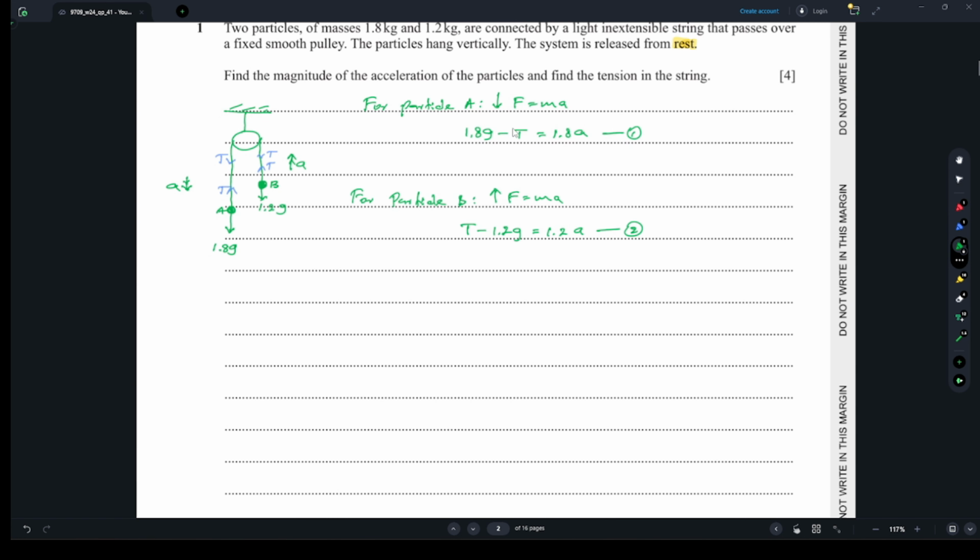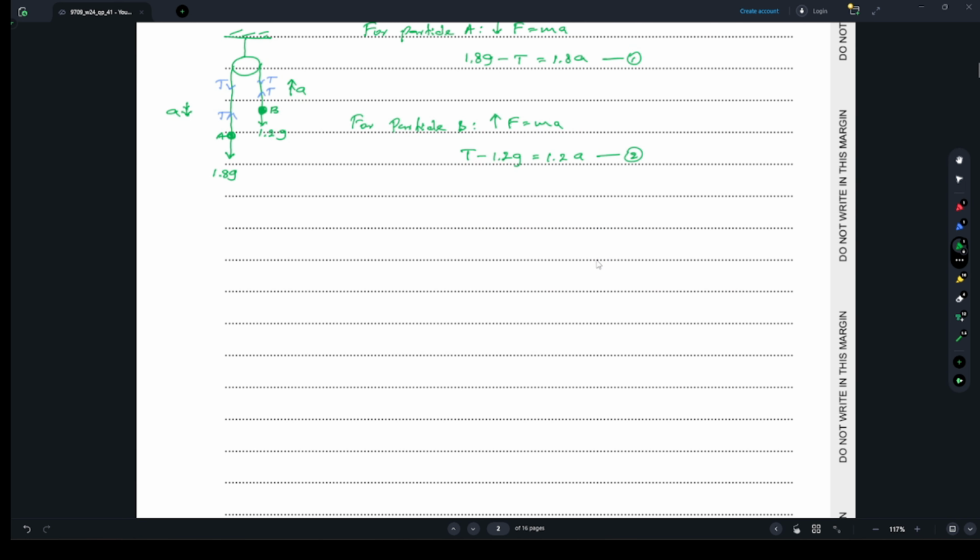As you can see, in the first equation you have minus T, and in the second you have positive T. If you add those two equations, you can cancel them out. Taking equation 1 plus 2, the T cancels. So you have 1.8g minus 1.2g equals, on the other side, 1.8a plus 1.2a.